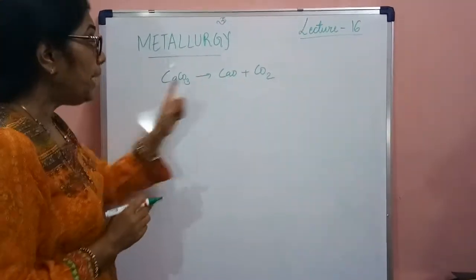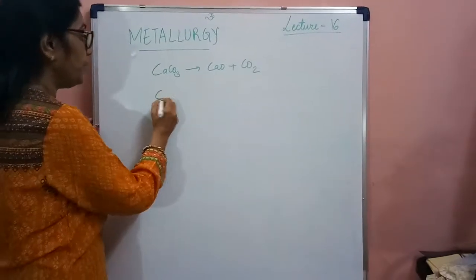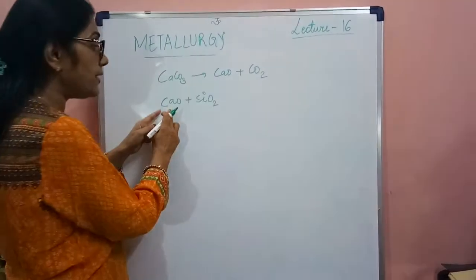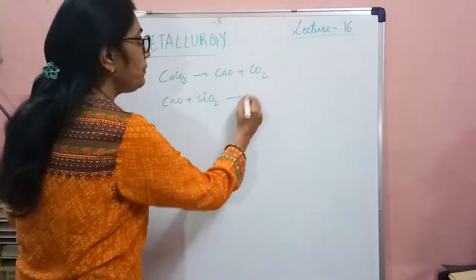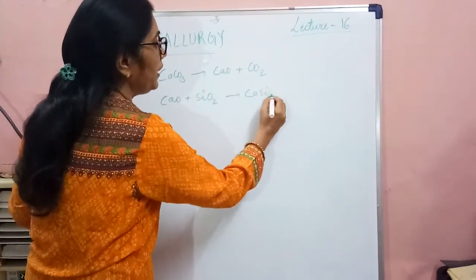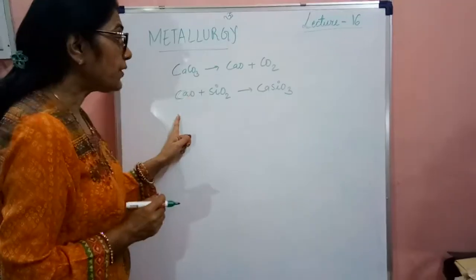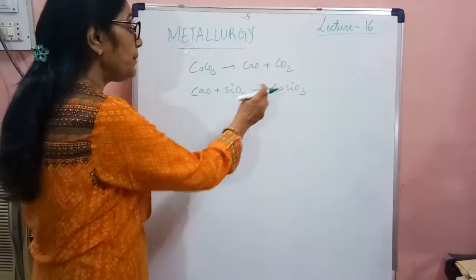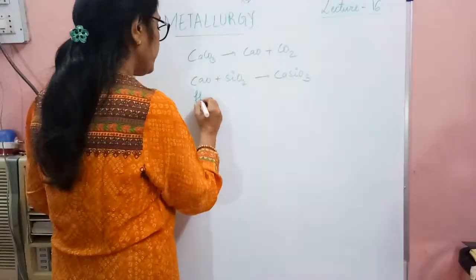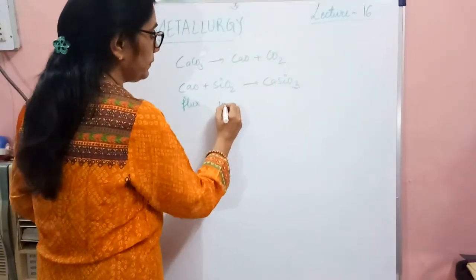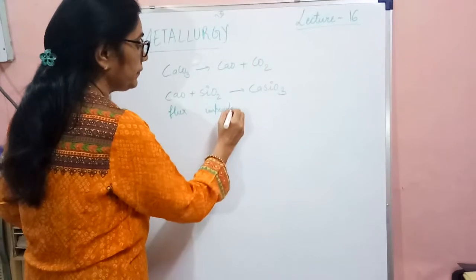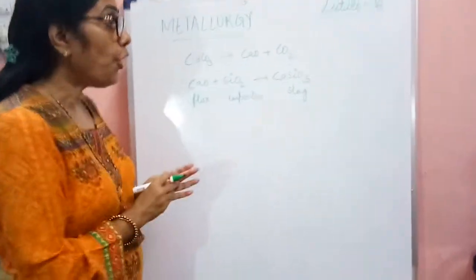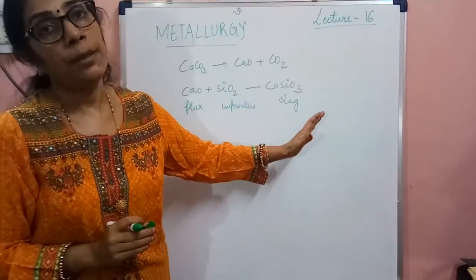This basic calcium oxide, if the impurity is acidic, acts as a basic flux and forms calcium silicate. So the flux plus impurities forms the calcium silicate, and this is in the molten form, so it can easily be separated out.